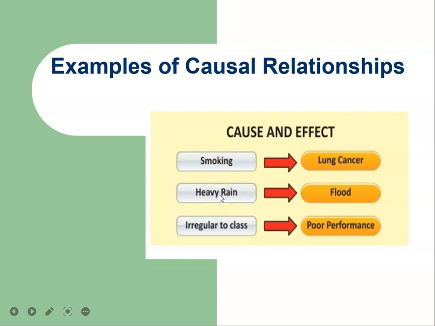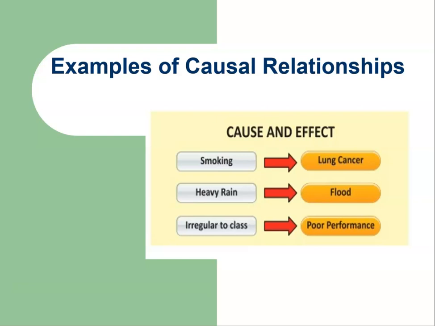Similarly, heavy rains cause flooding. This is also a causal relationship, where heavy rain is the cause and flooding is the effect. Similarly, irregular attendance in class will cause poor performance in the class or in the exam. Similarly, the number of hours worked and the amount of income earned is also a cause and effect relationship.